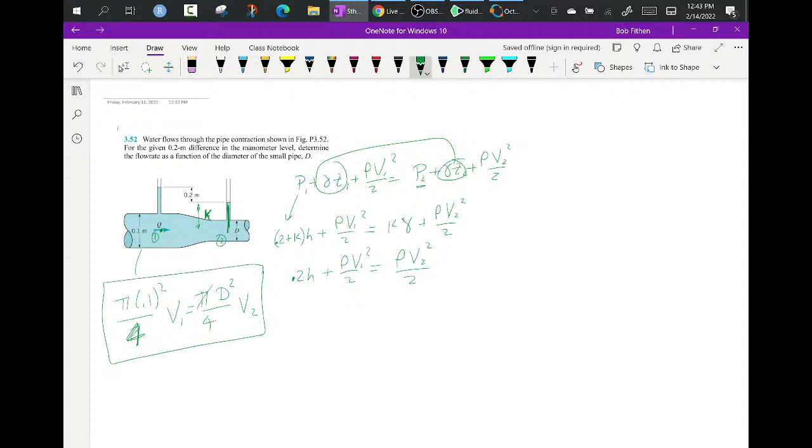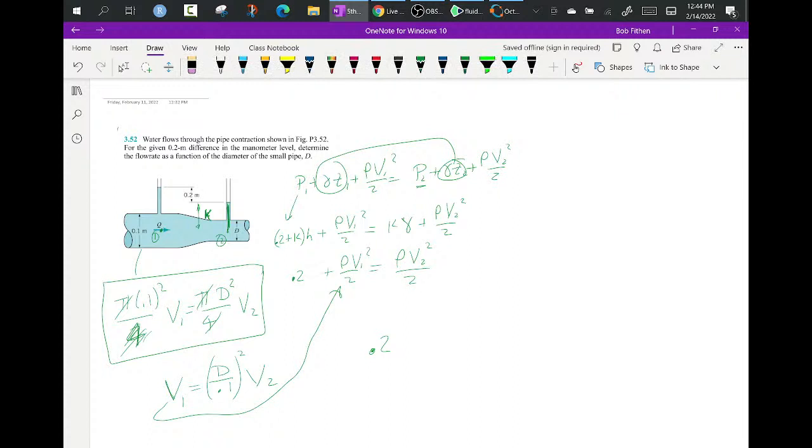Now, what do I have? I can cancel these out, and I will get, say I want V1. I can choose one or the other. I'll choose V1 equals V2 times d over 0.1 squared. Now, I take this and put it in here.